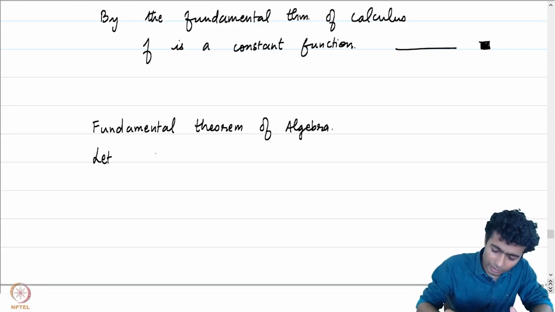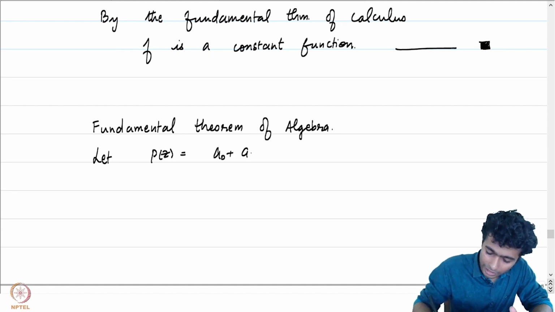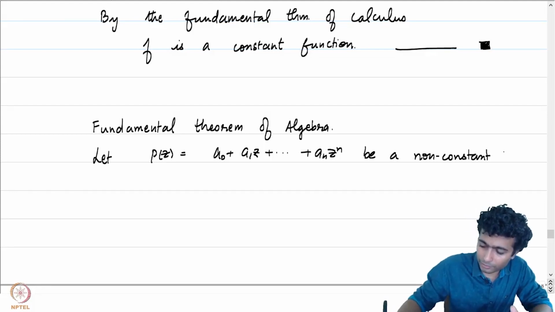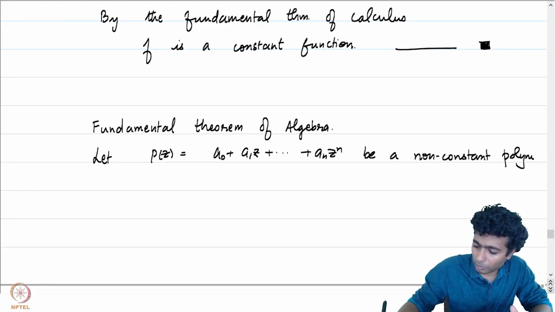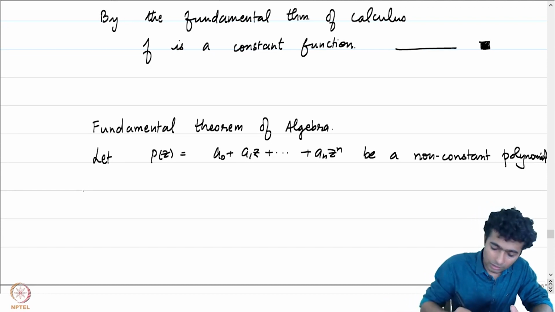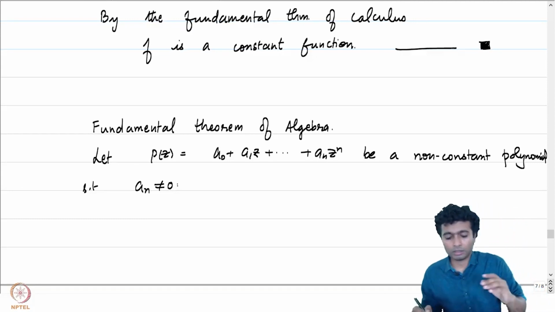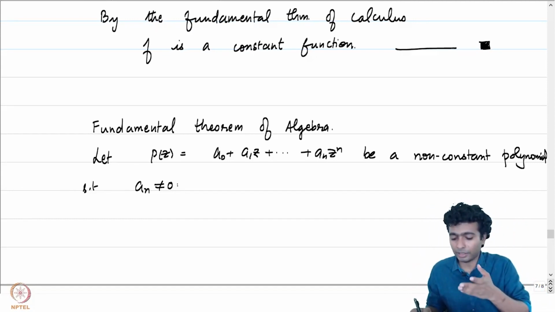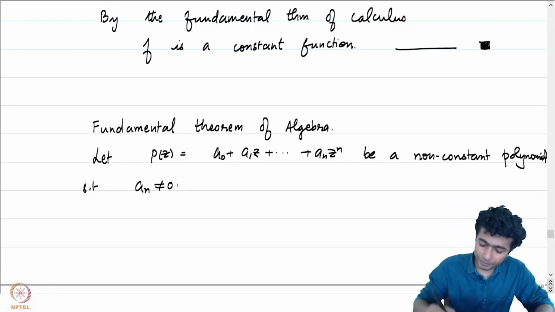So let P of z be equal to a0 plus a1 z plus all the way up to an z to the power n, be a non-constant polynomial. That means n is greater than or equal to 1. Polynomial such that an is not equal to 0. Let's think of P to be a polynomial of degree n.